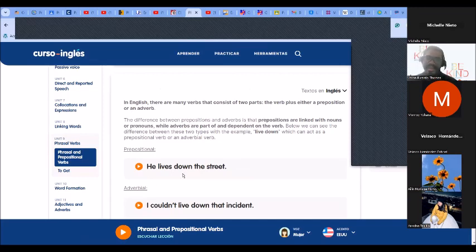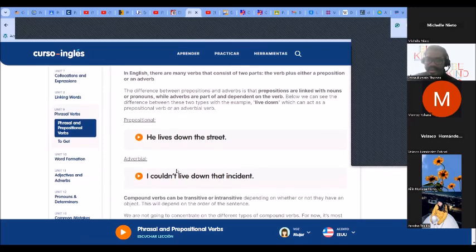For example, he lives where? Down the street, giving directions. But now I'm combining modal verb plus preposition, new meaning. We know that can and could means ability.